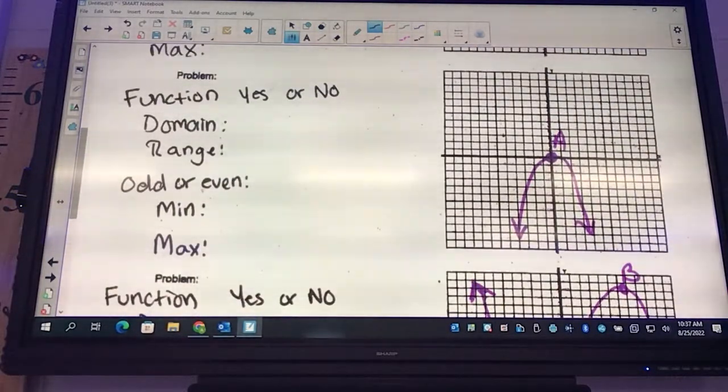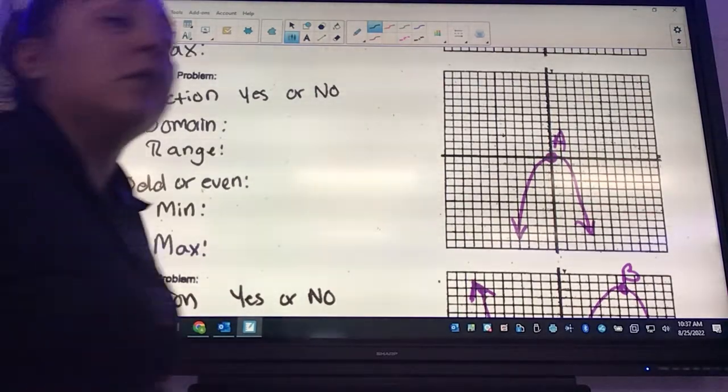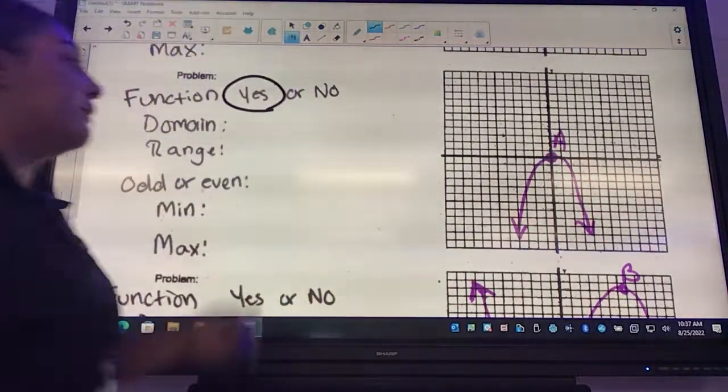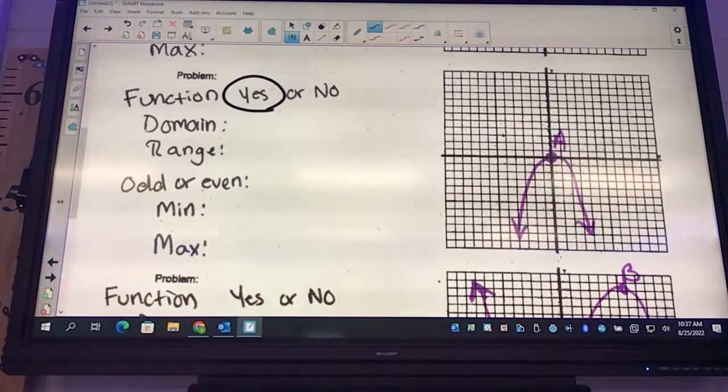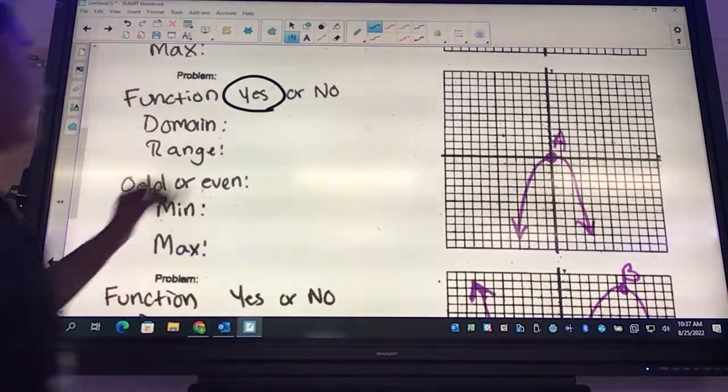Okay, 5. Is this a function, yes or no? Yes. If you're not sure, what should you guess? Yes. Okay, if you're not sure, guess yes. That's just my advice. But the domain. Negative infinity to infinity.